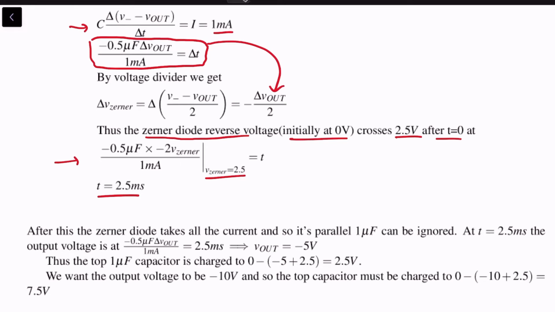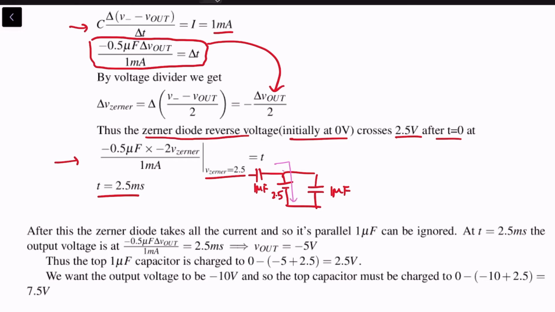After the Zener diode becomes conducting, it will take all the current. So you have the Zener diode in parallel with the 1 microfarad capacitor, in series with the other 1 microfarad capacitor. But after the Zener diode becomes conducting, it will just maintain this voltage as 2.5 volt and take all the current.